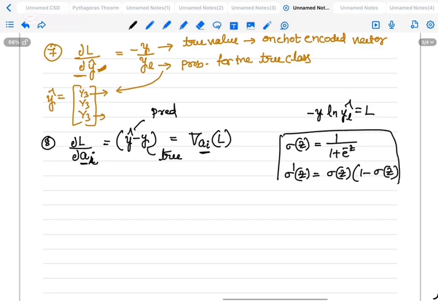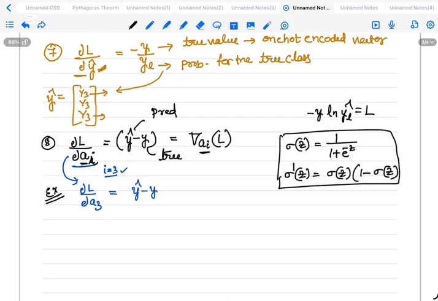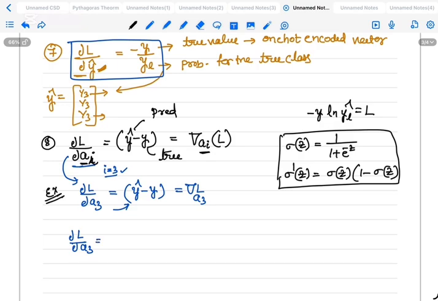So in this question, i equals 3. Dou L by dou A3 equals y hat minus y, that equals delta L of A3. Then dou L by dou A3 equals delta H3 Hadamard product with sigma dash of A3.